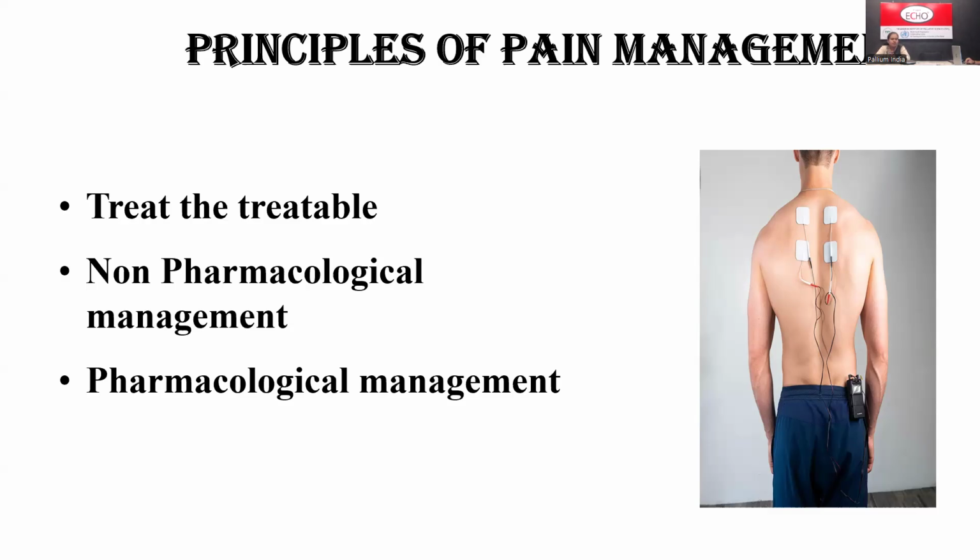And the types of pain: nociceptive and neuropathic pain. Nociceptive is again divided into what? Somatic and visceral pain. Neuropathic pain can be due to nerve damage or nerve compression. And the quality of pain: what are the qualities of pain in neuropathic and nociceptive? You should know. And all the characters of the pain you should know.